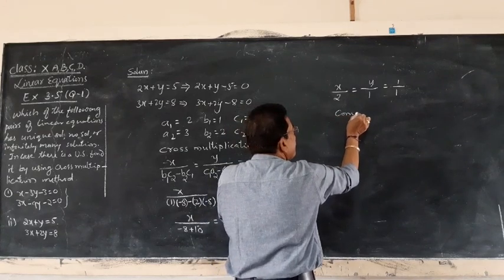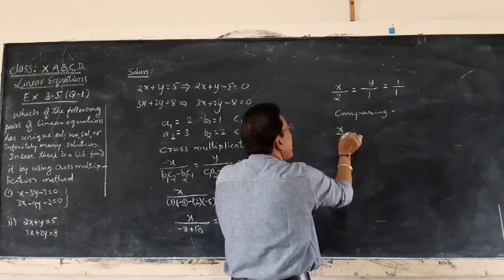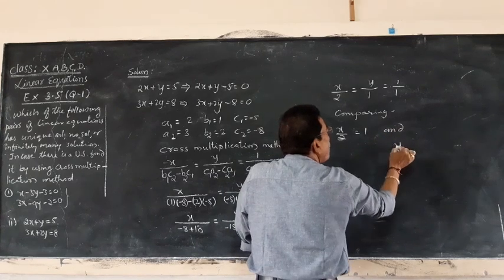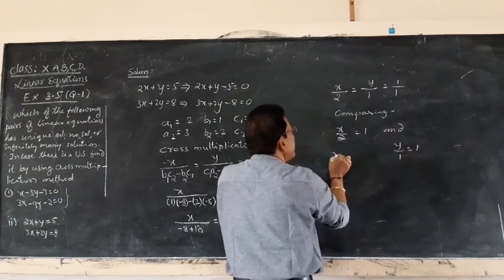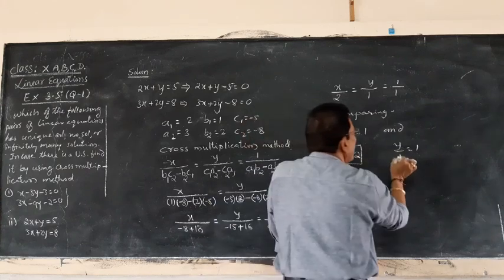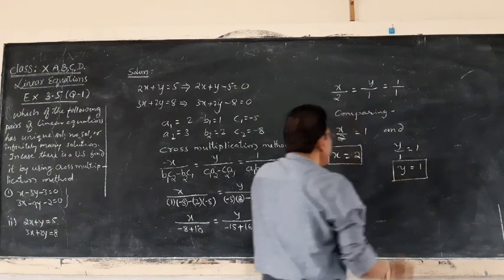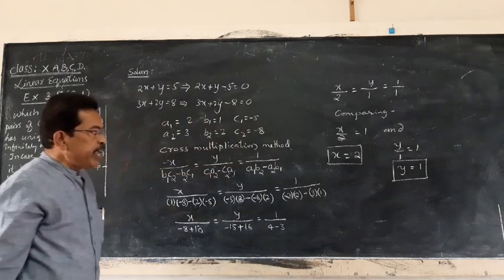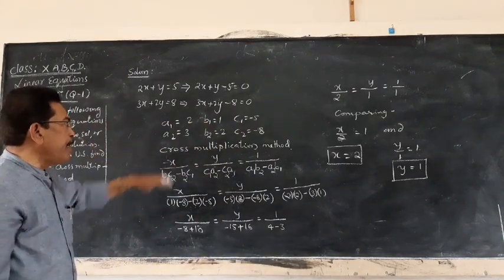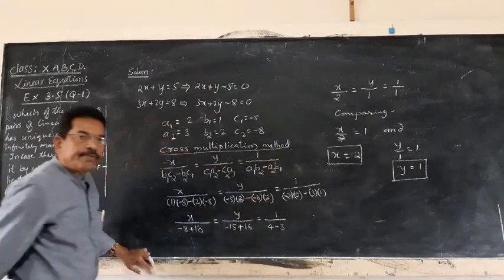Comparing, x by 2 equals 1 and y by 1 equals 1. So x equals 2 and y equals 1 is the solution by the cross multiplication method.